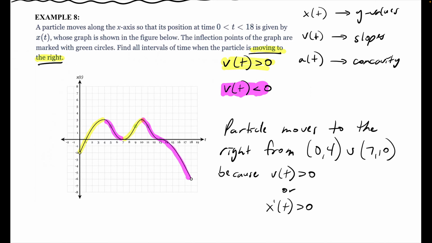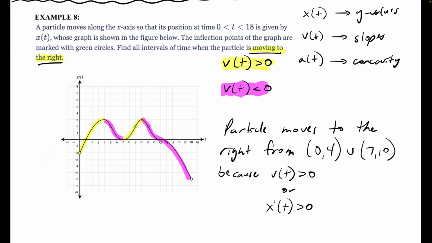This one we're just looking for, we know the particle or the object is moving to the right when velocity is positive. They've given us the position graph, so according to our sliding scale, position is the y values, v of t, velocity, is the slopes, a of t is concavity.